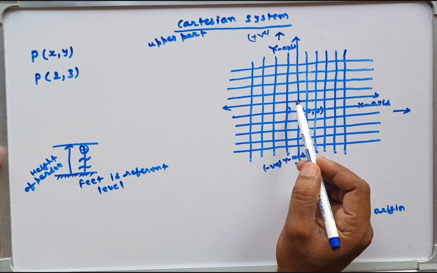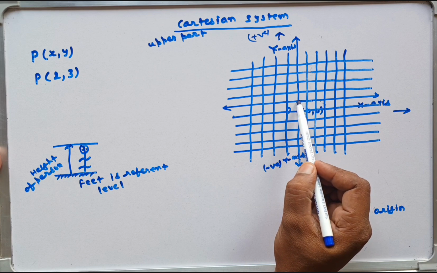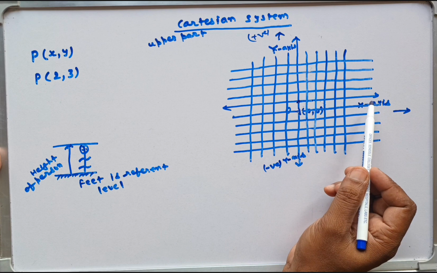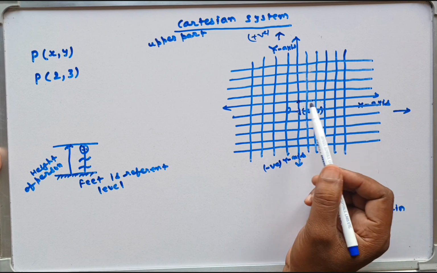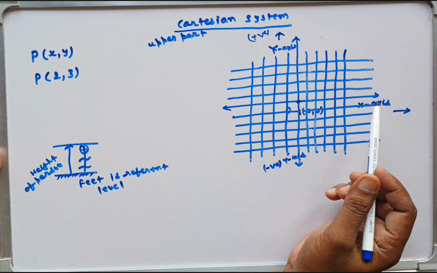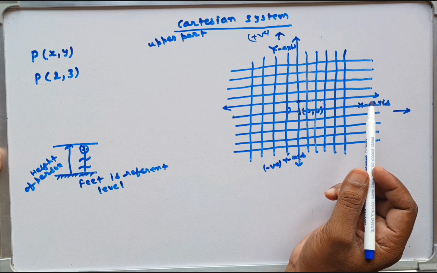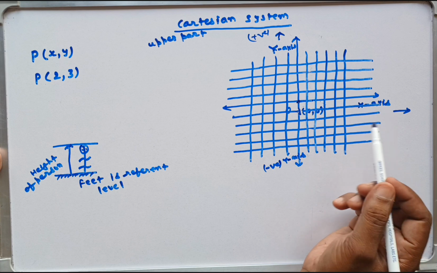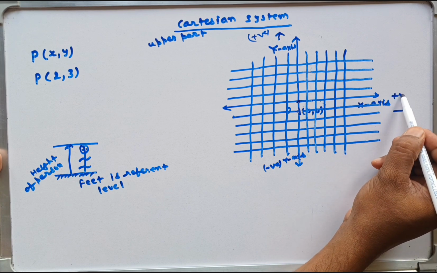Guys, notice this point is the origin. When you are moving from here to the right direction, along the x-axis, all the numeric values we assign are positive.